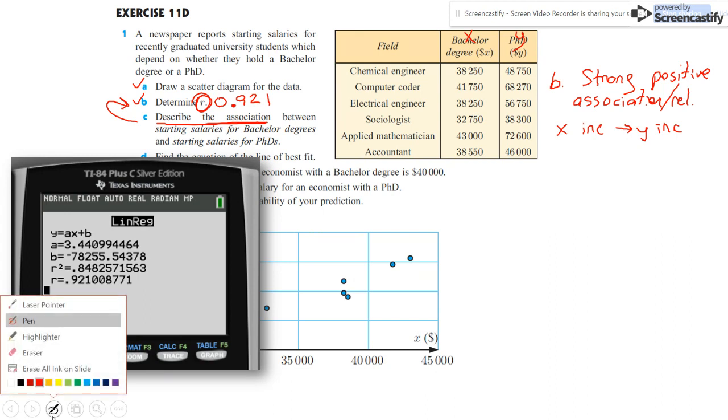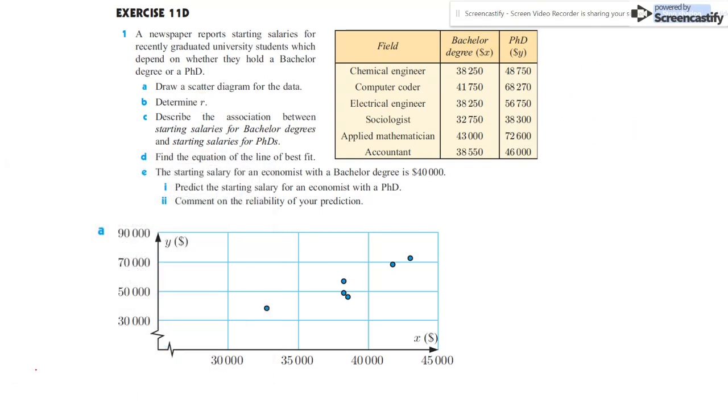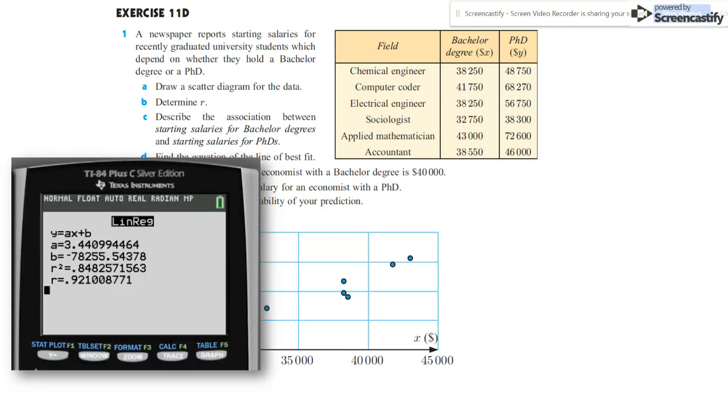Okay, so then for part D, find the equation of the line of best fit. That is actually back on this screen. The line of best fit, the equation, comes from those other two things we didn't really use, A and B. Notice they give you y equals ax plus b.